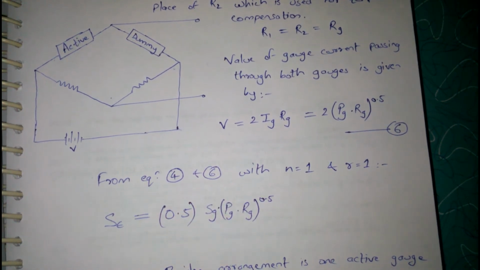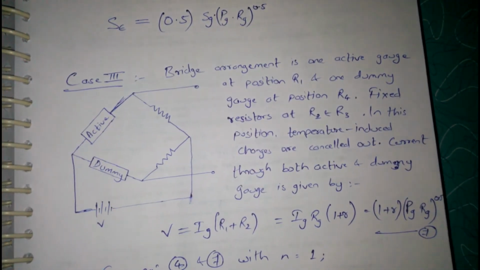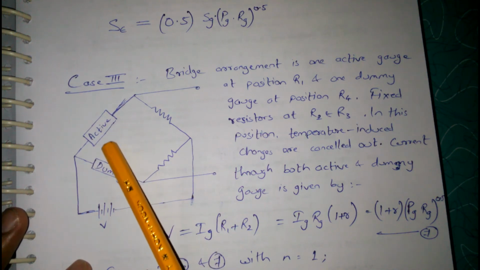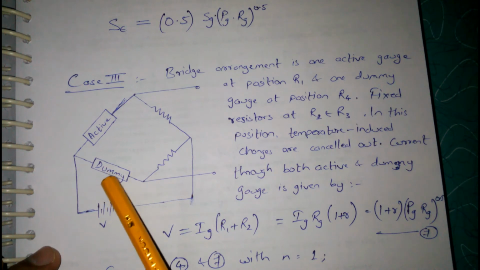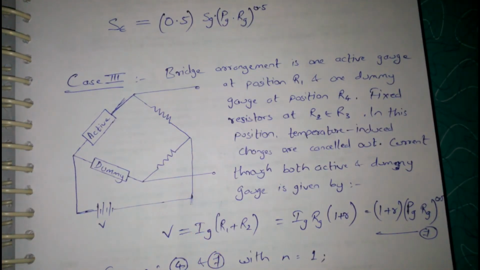Next, the third case. In the third case, there is an active resistance in the position of R1 and a dummy resistance in the position of R4, and R2 and R3 are fixed resistors. In this case, temperature induced changes are cancelled out.